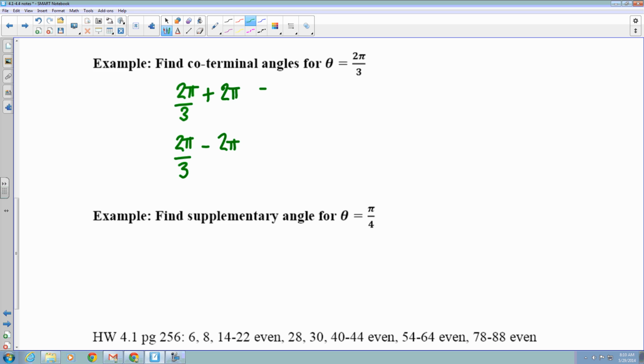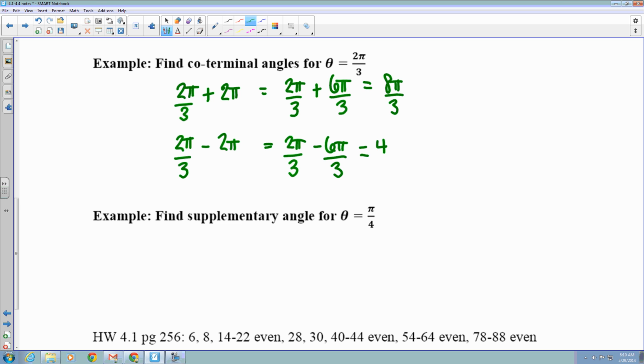So I say the easiest way to do this is to get a common denominator. 2 pi is the same thing as 6 pi over 3, and then this is 8 pi over 3. Instead of struggling with fractions, just doing those common denominators right away is going to be the easiest thing. So this ends up being negative 4 pi over 3.